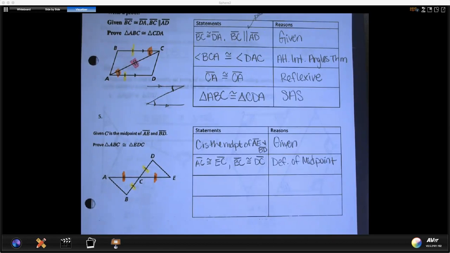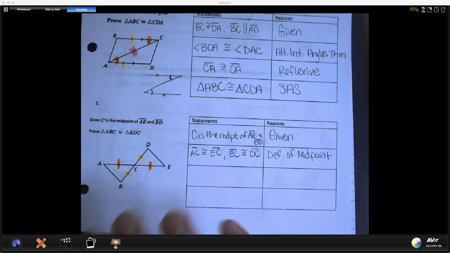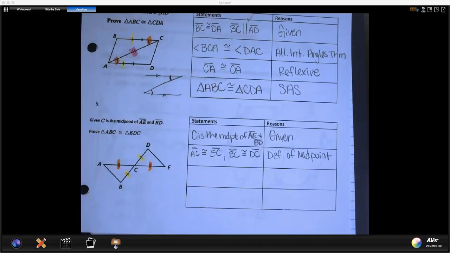Look at the problems that we've done. Remember, angles have to be 3 letters. Yes. ACB and ECD would be correct. We want these angles on either side of C, going this way, to be congruent.